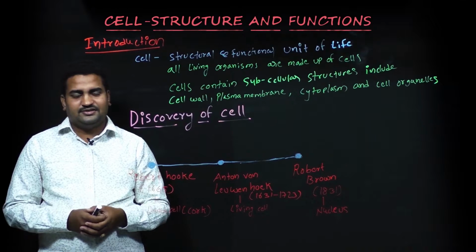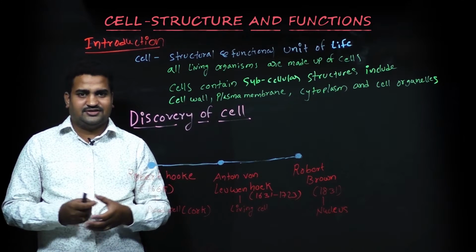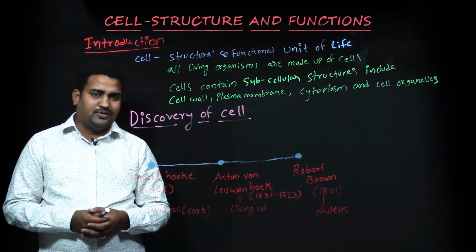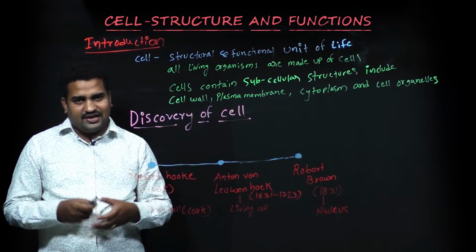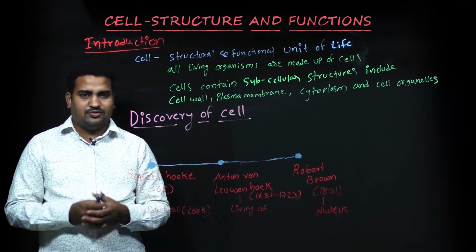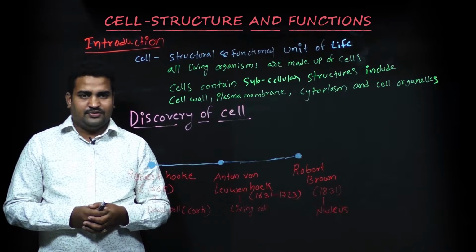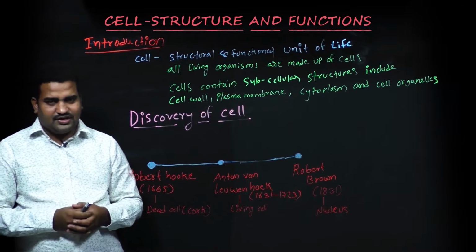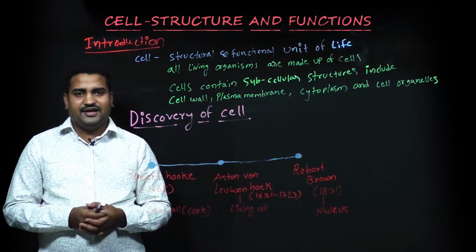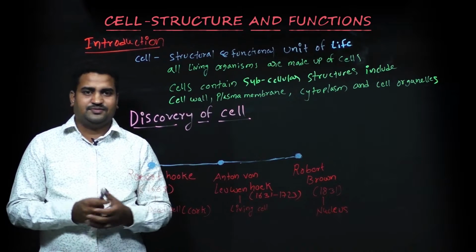So cell contains subcellular structures such as cell wall, plasma membrane, cytoplasm and cell organelles such as nucleus, mitochondria, chloroplast, etc. So cell also play very important role in biochemical reactions of the organisms.